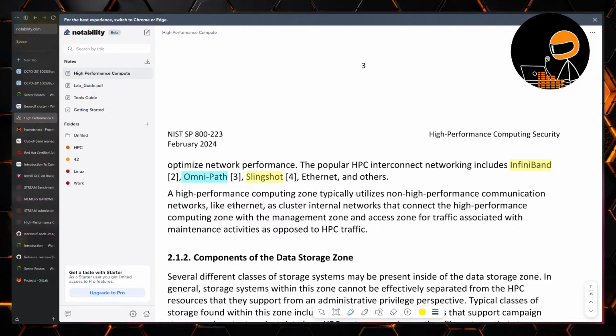So let's go highlight Ethernet. Man, what's going on? Oh, Control Z. So Ethernet is down. There you go.